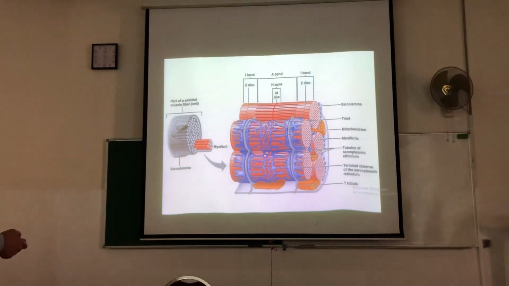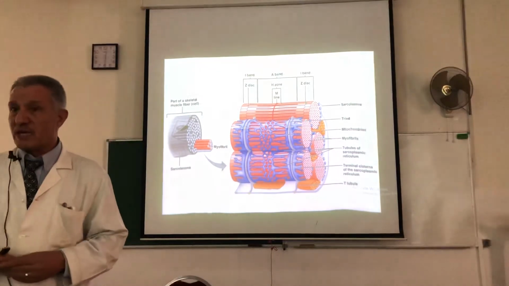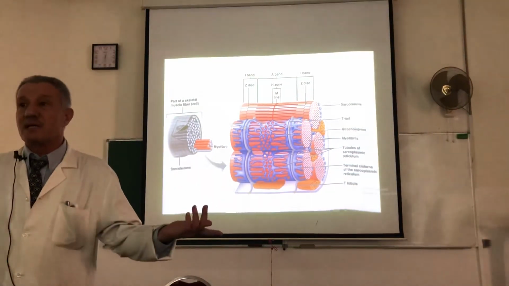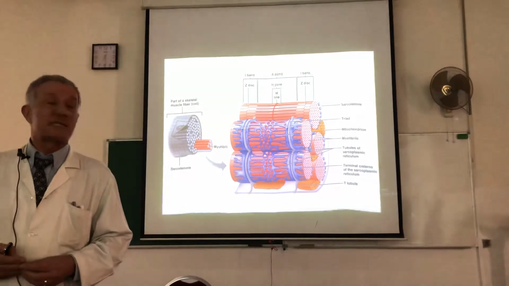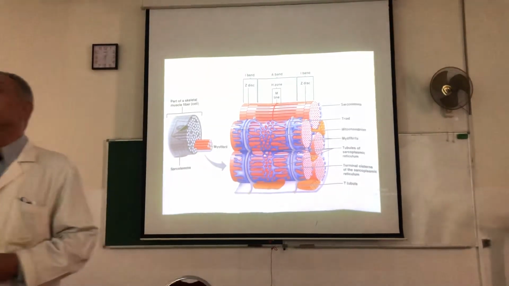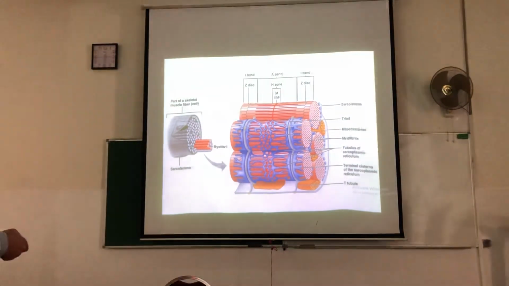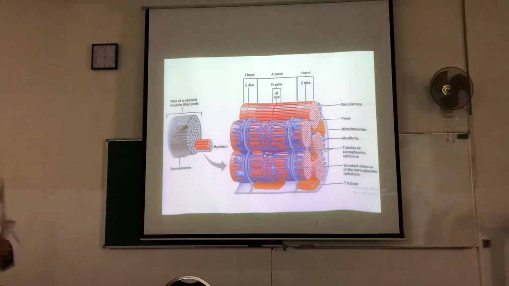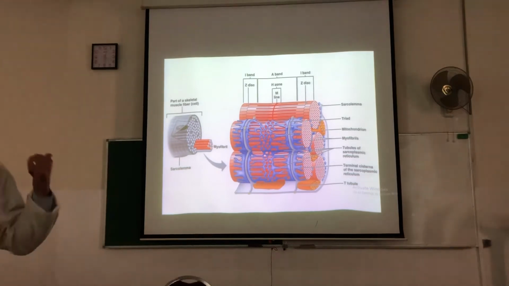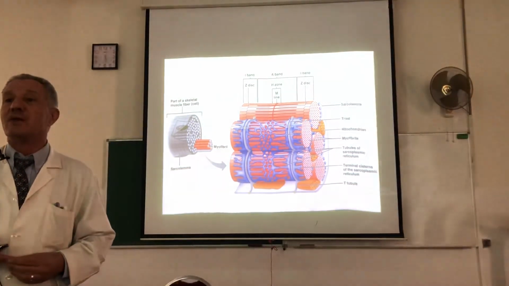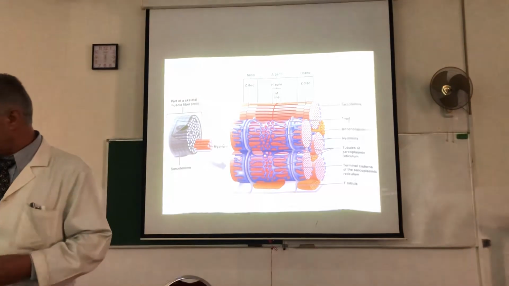Now, this is the whole muscle again, which is called the myofiber. That myofiber has a membrane, the muscle cell membrane. But we are calling that cell membrane the sarcolemma. Also, we have a high representation of endoplasmic reticulum inside, and this structure of endoplasmic reticulum is called the sarcoplasmic reticulum.